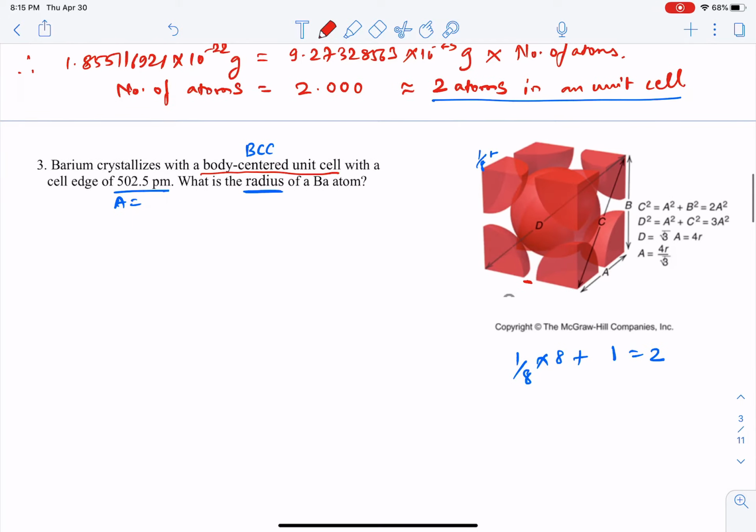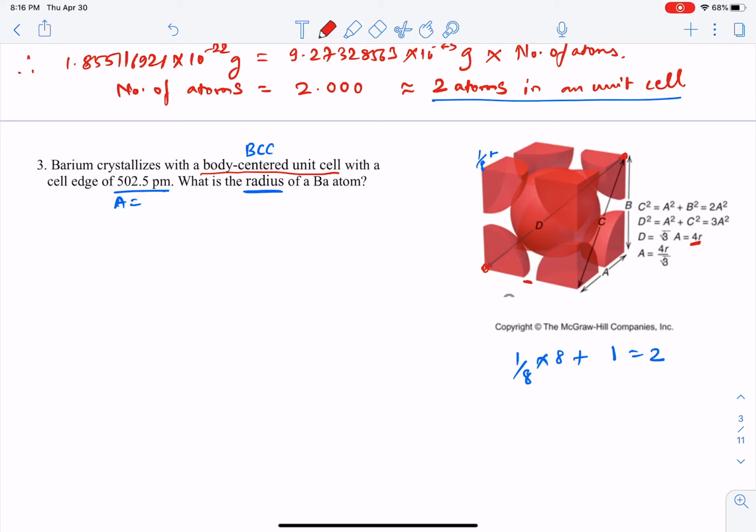If you see here, these values are given, and you will notice that D, that is the body diagonal, the diagonal that passes from one corner to the opposite corner of the unit cell, is equal to 4r.